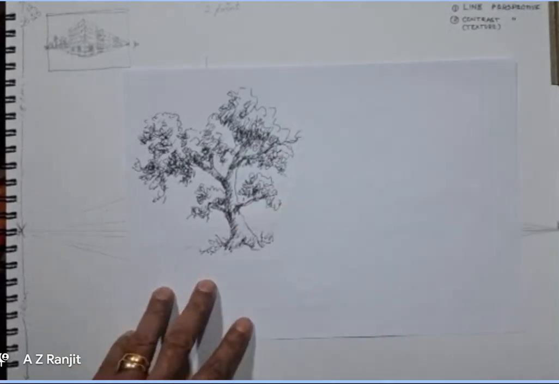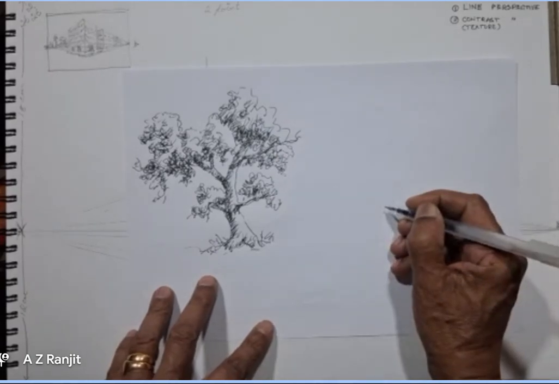Now we are going to draw one more tree, which is here.